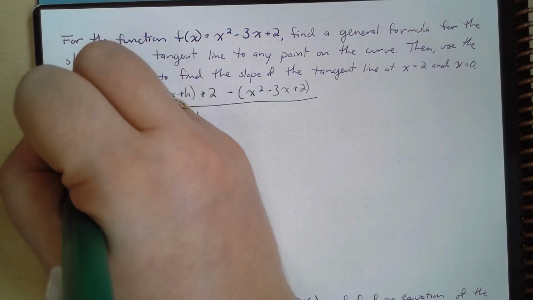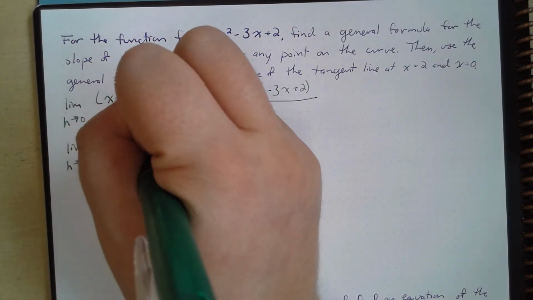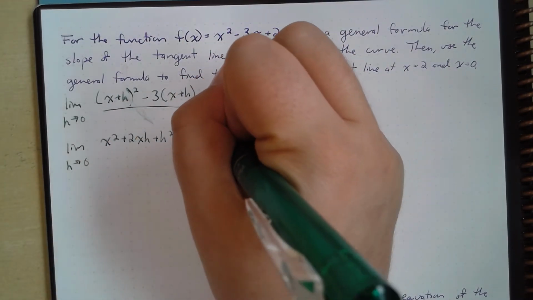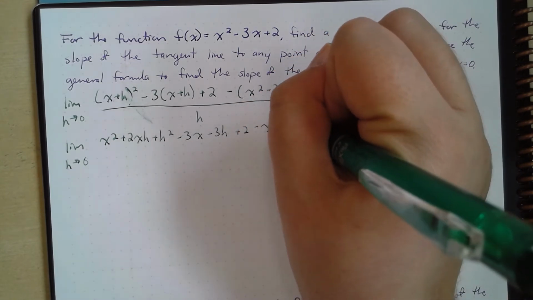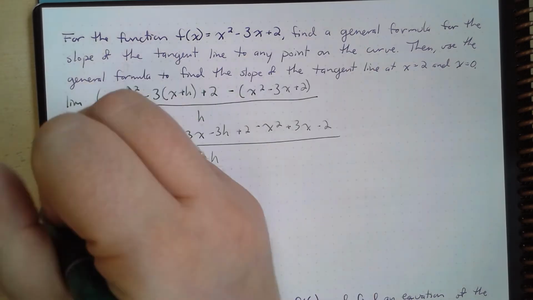So we've got our limit as h approaches 0 of x squared plus 2xh plus h squared minus 3x minus 3h plus 2 minus x squared plus 3x minus 2, all over h.